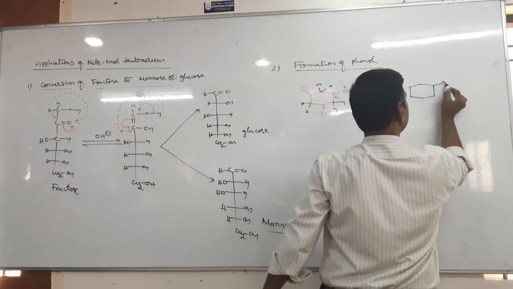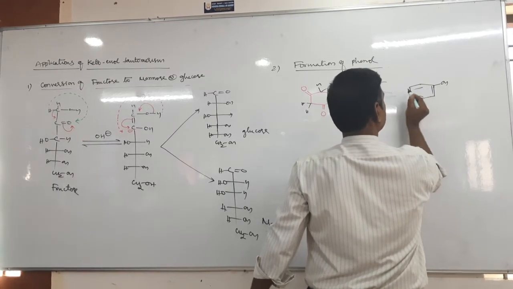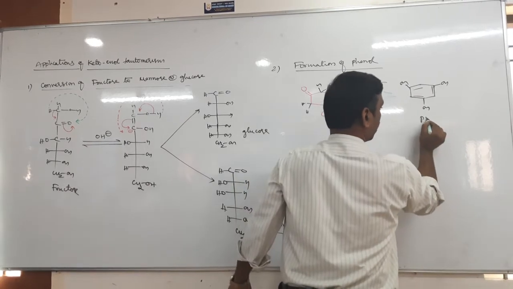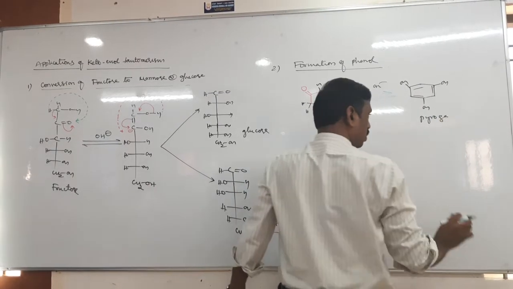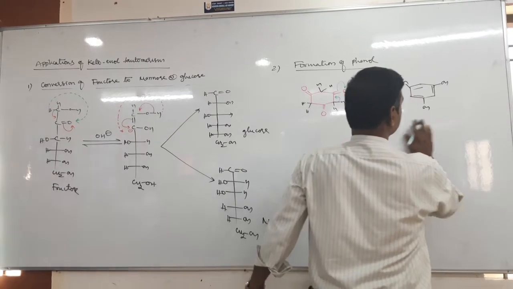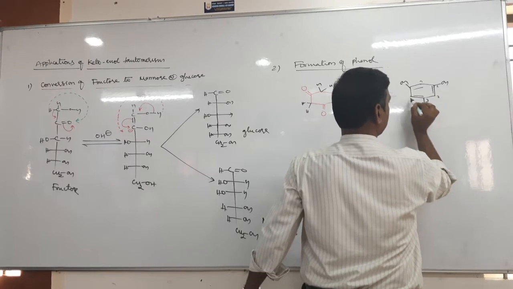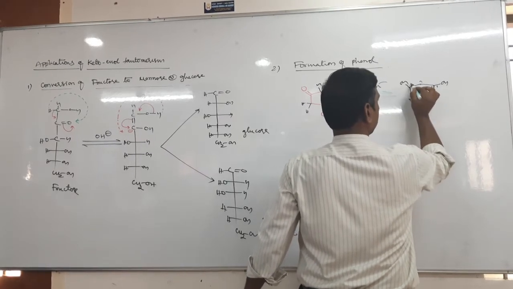What is formed? Of course, a derivative of phenol is formed like this. You get three OH. It is called pyrogallol. It is 1, 2, 3, 4, 5.